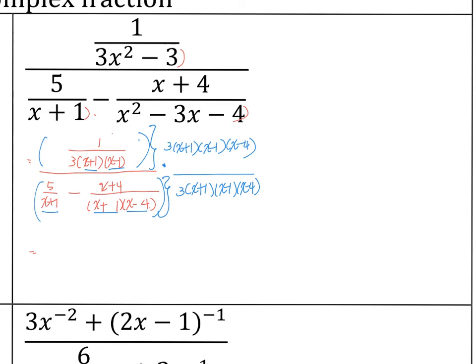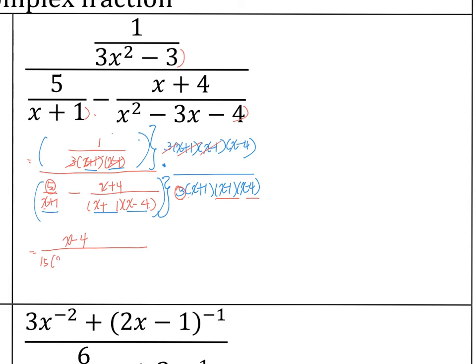Now this has 3 factors to cancel out. So in the numerator, I'll be left with x minus 4, which is simple. Now the denominator is the tricky part. Okay, so this one I only cancel out x plus 1, which leaves me with 3 factors. I could multiply 5 and 3 together to get 15.